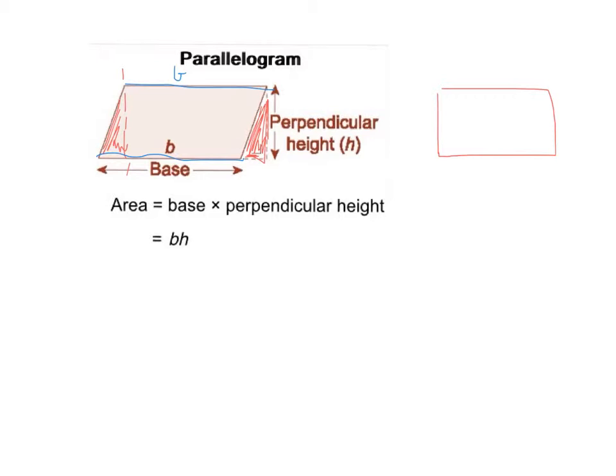Then we have this side, and let's call it C. We can call it C as well. Then how to find the perimeter? As we know, it's all around the shape. We need to add all of the length of all the sides.